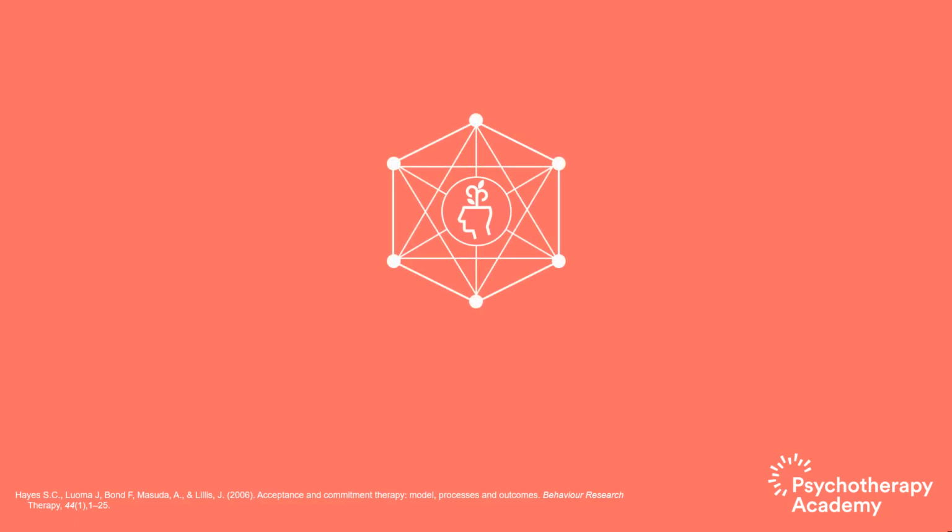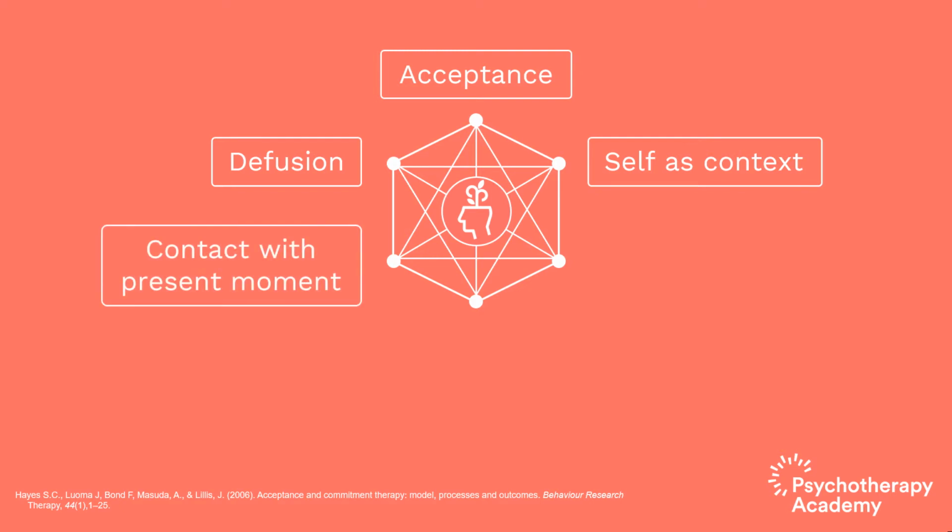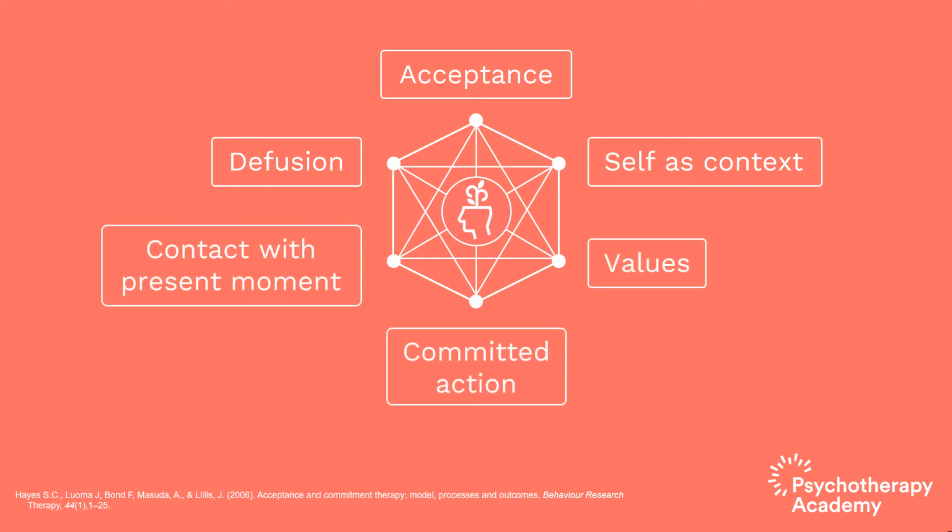The ACT community embraces the idea that acceptance and commitment therapy establishes greater psychological flexibility primarily through acceptance, defusion, establishment of a transcendent sense of self, otherwise known as the self as context, contact with the present moment, values, and building larger and larger patterns of committed action linked to those values.